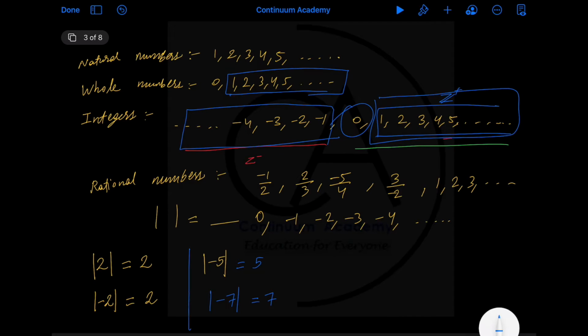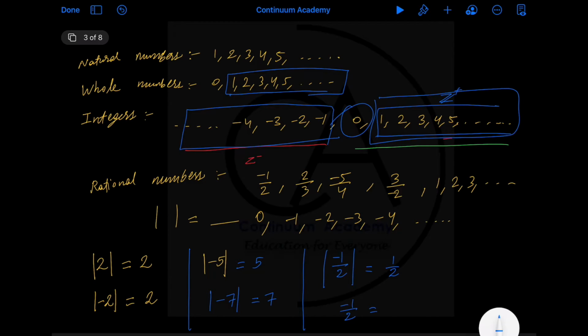Next, let's talk about minus 1/2. As you know, minus 1/2 is a negative rational number. So the mod will be 1/2 only, because when you operate the mod on a negative number, you get a positive number.